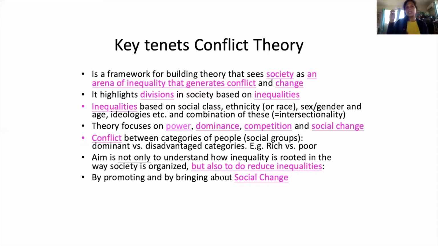So the aim is not only to understand what I just said, how inequality is rooted in the way society is organized, but we also want to reduce inequality by promoting and bringing social change. Okay?